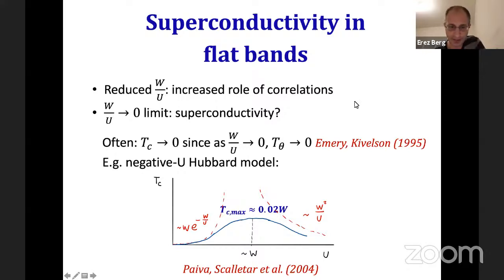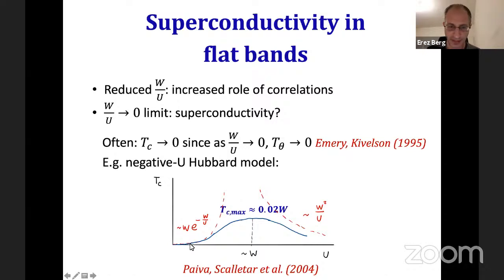A very classic example of this is the negative-U Hubbard model, where this would be the phase diagram. This is Tc as a function of U, for a fixed bandwidth or fixed hopping on some lattice in 2 or 3D.